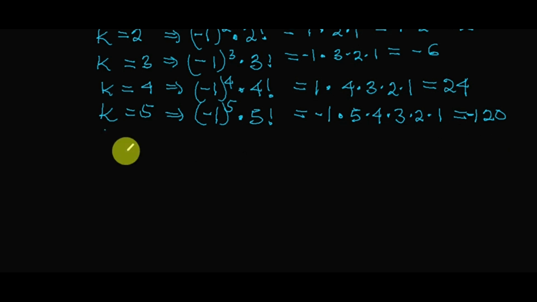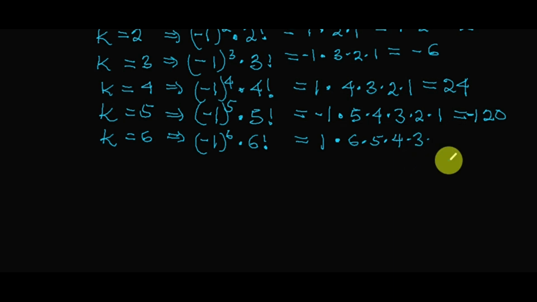So let's look at where k equals 6. This implies minus 1 raised to the power 6 multiplied by 6 factorial. So minus 1 raised to the power positive 6, because the exponent is an even number, will also give us 1, multiplied by 6 factorial, which is 6 times 5 times 4 times 3 times 2 times 1.